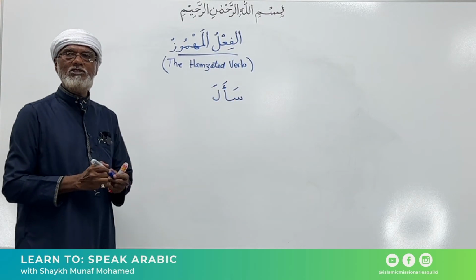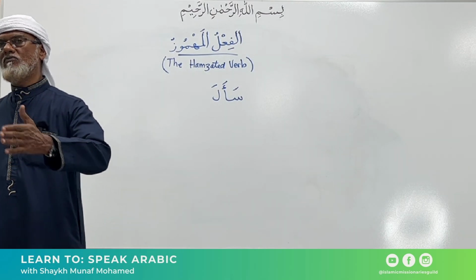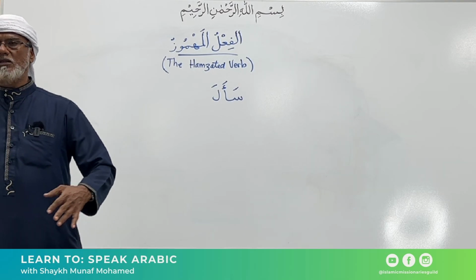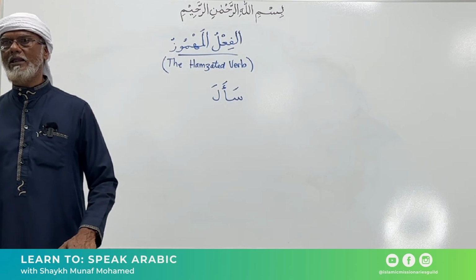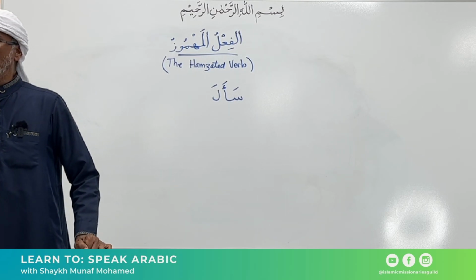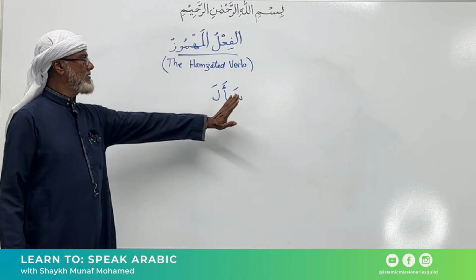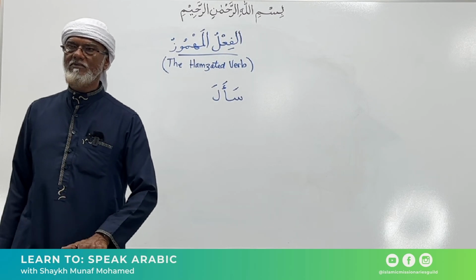If we have to conjugate this verb in the perfect tense, we follow the same pattern, the same conjugation as we have done for the previous ones. It follows the same pattern like the sound verbs. All right? And the imperfect tense also, it goes the same way.